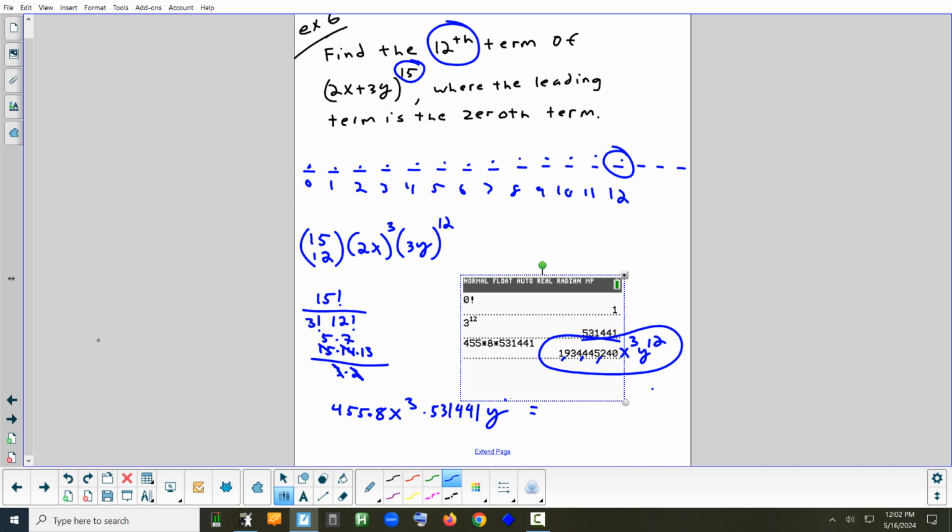Truthfully, if you think about it, because we know that we're going with x to the 15th on the right side, there are different ways to keep track of what you're trying to find. You could have started here and said, well, this is 15, 14, 13, so this is y to the 12th.